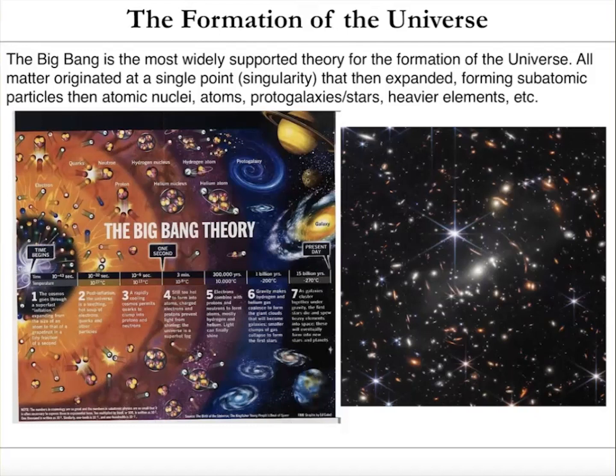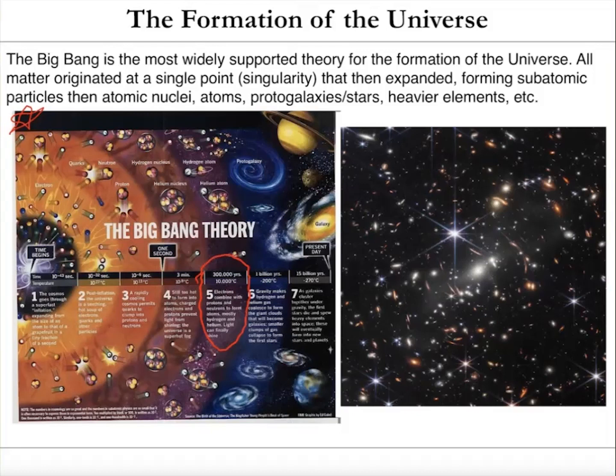So here is a diagram of basically the timeline of the Big Bang theory from less than a second after it occurred to present day. And so at this region right here, electrons were combined with protons and neutrons to form the first atoms, mostly just hydrogen and helium.